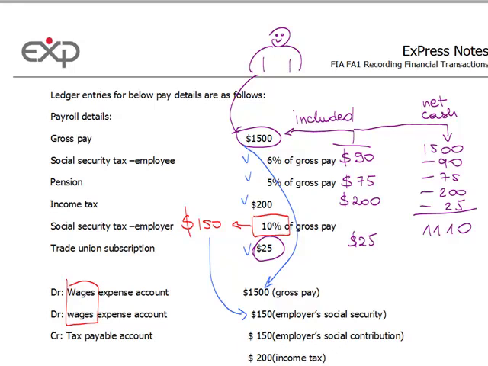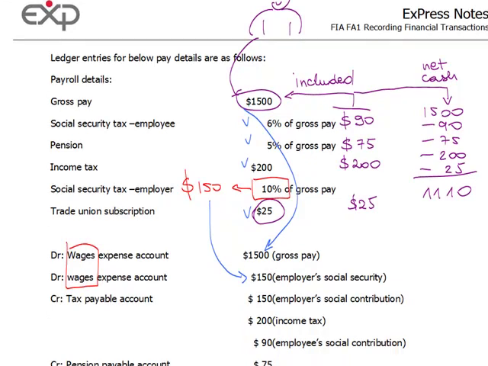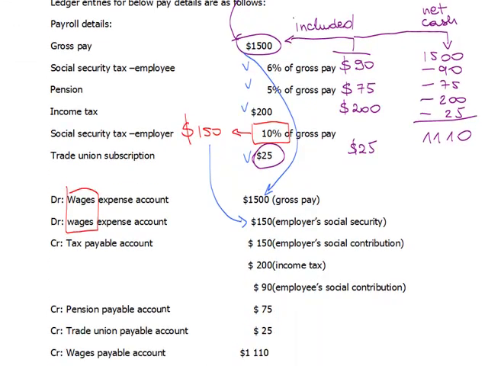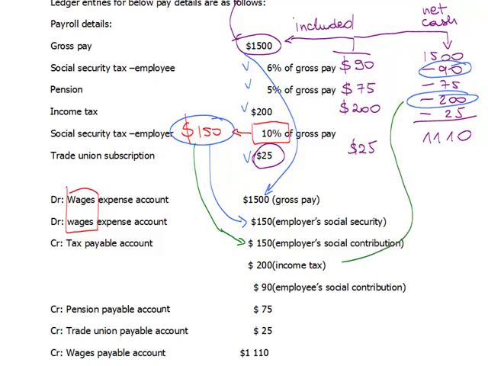Now these expenses now need to be shown as payables to various institutions. Some of that, namely this, and this, all that will be shown as tax payable. The employee's Social Security, the employer's Social Security, and the income tax.